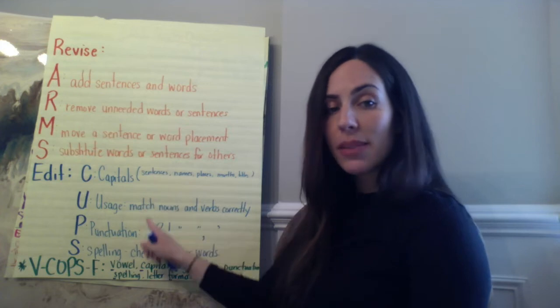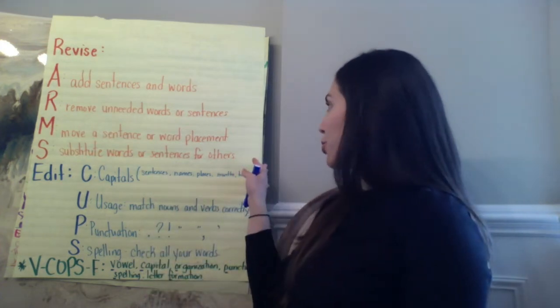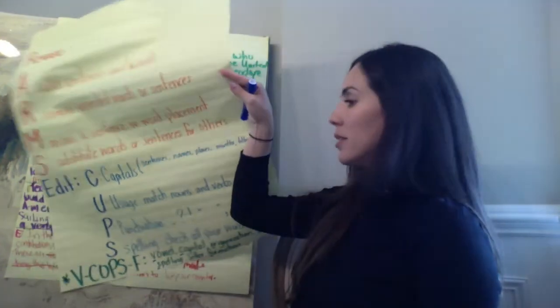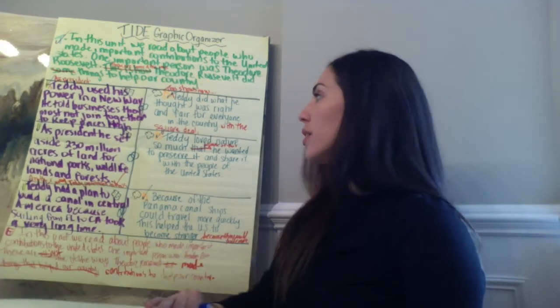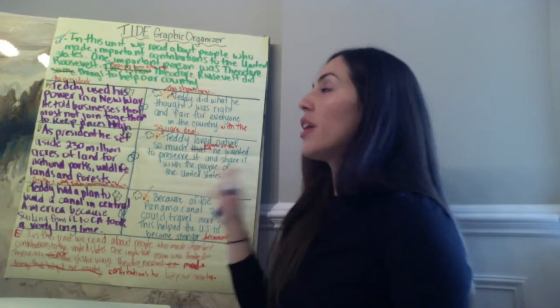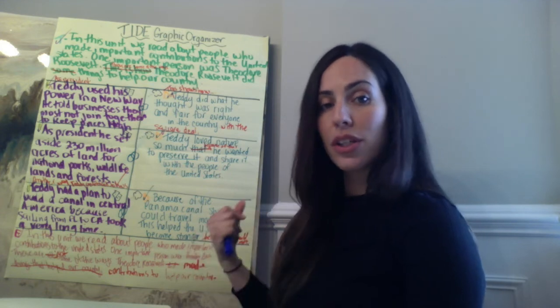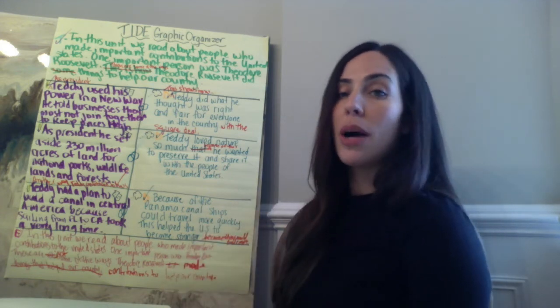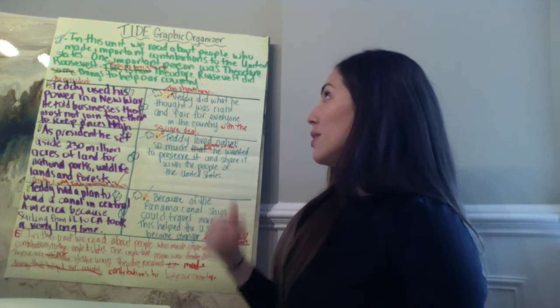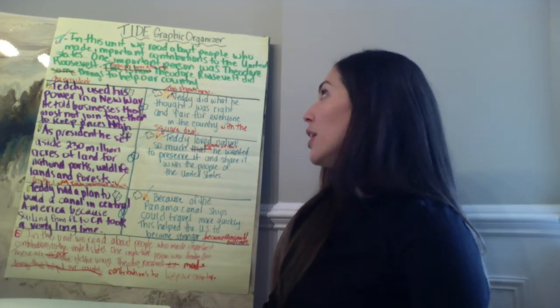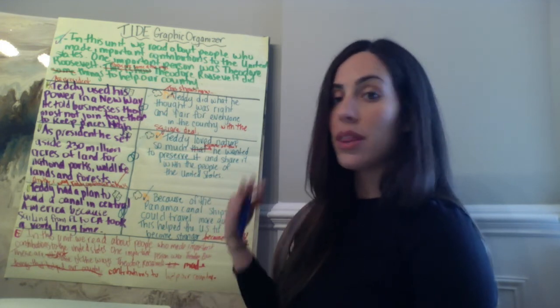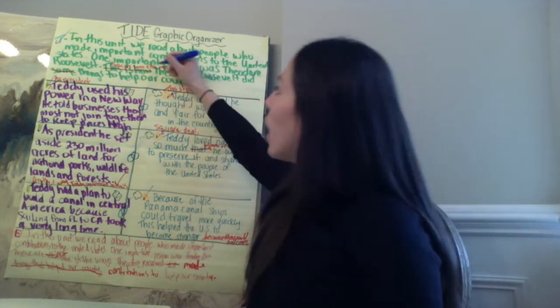So this part is up to you, for you to go back into your writing and make sure that everything is spelled correctly, that things that should be capitals are capitals. So in my case, Teddy Roosevelt's name should always be capital. In your case, whoever the person that you did, their name should be capital.